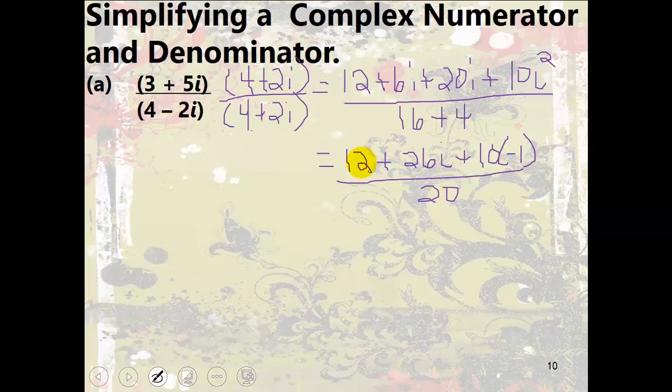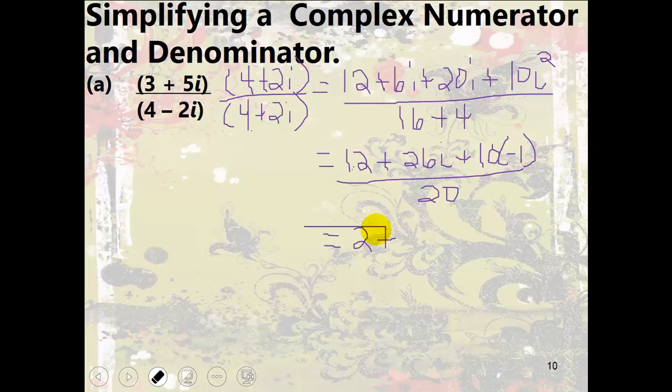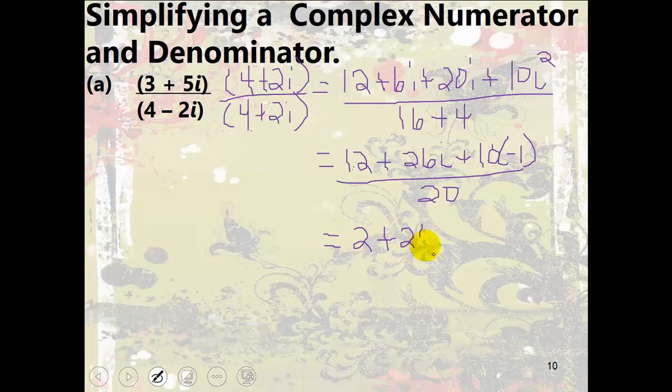Now I'm going to combine my constant terms, or my real terms, and I get 12 plus -10, so that gives me 2 plus 26i over 20.